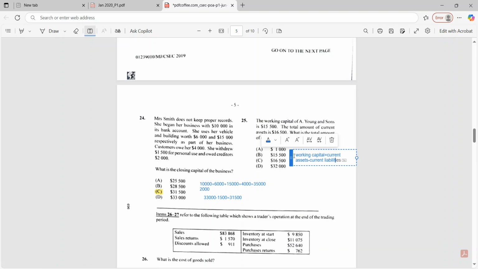And in this case, we have 15,500, which is our working capital, and that is equal to 16,500 minus x. So therefore, what is x? X would be equal to 16,500 minus 15,500, which is equal to 1,000.